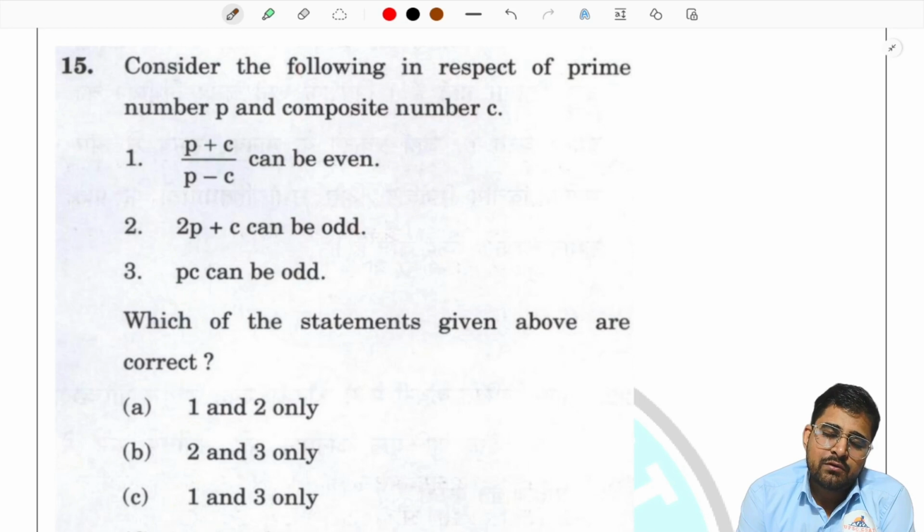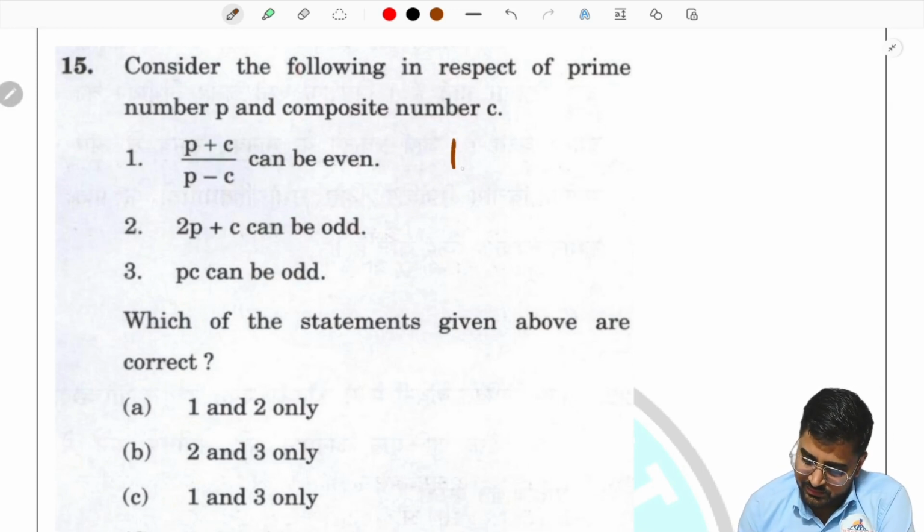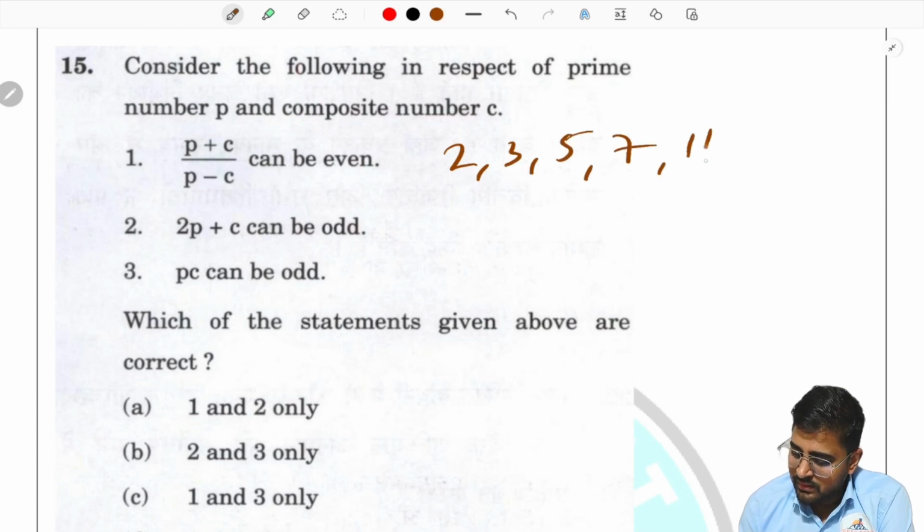If we leave 2, then the rest of the prime numbers are odd only. Only 2 is the prime number which is even. Now again, 2 3 5 7 11 13 and so on.